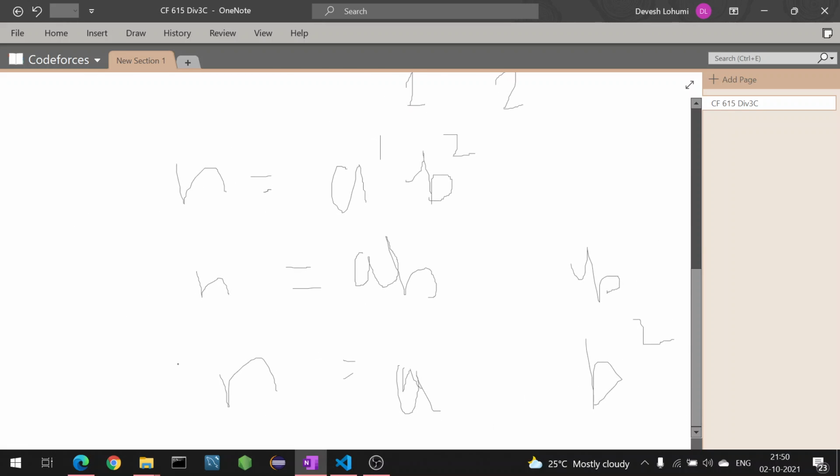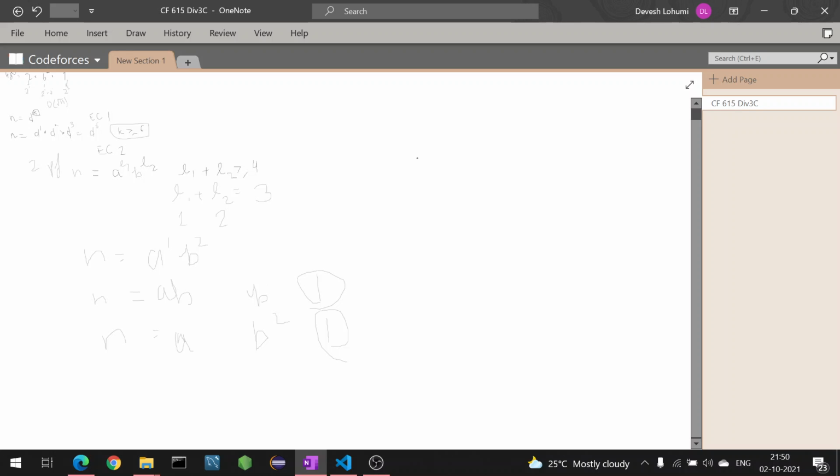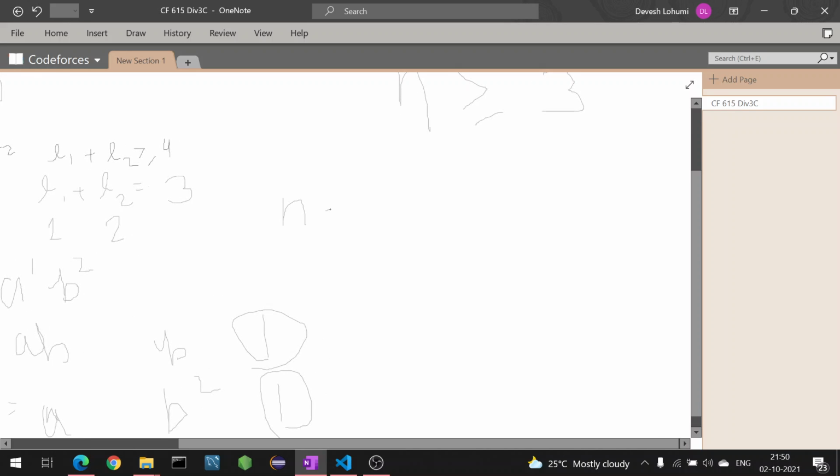Let's go ahead and check for the final case. Now let's say that you have at least 3 prime factors, and in this case it's pretty trivial. Let's say that n is of the form a power l1, b power l2, and c power l3.